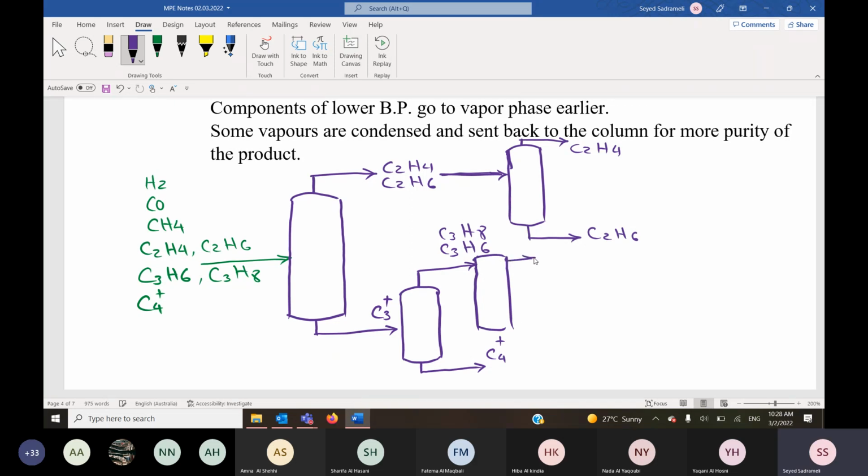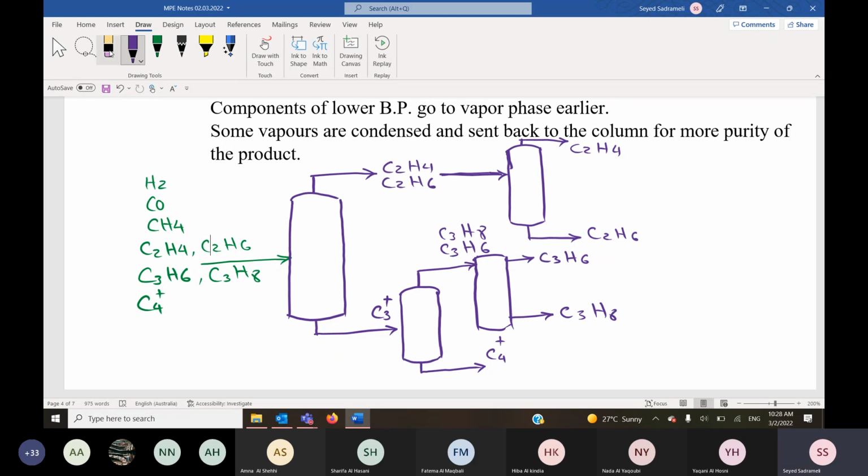The top will be C3H6, the lighter, and the bottom will be C3H8. So you see, for this type of mixture, you have about 4 columns.